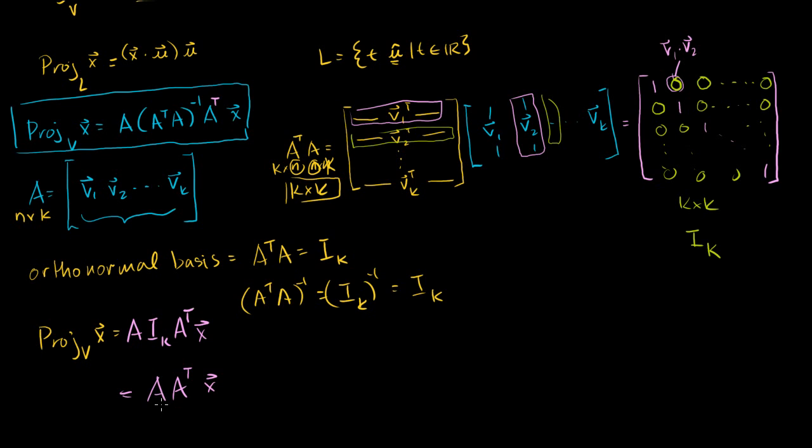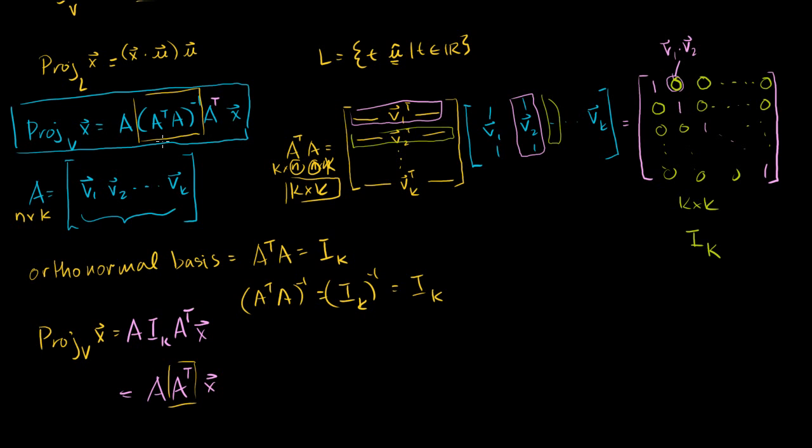I still have to do a matrix product, but finding the transpose of a matrix is pretty straightforward. You just switch the rows and the columns. Finding the inverse, first multiplying the transpose times A, that's a lot of work. And then it's a huge amount of work to find the inverse of this thing.